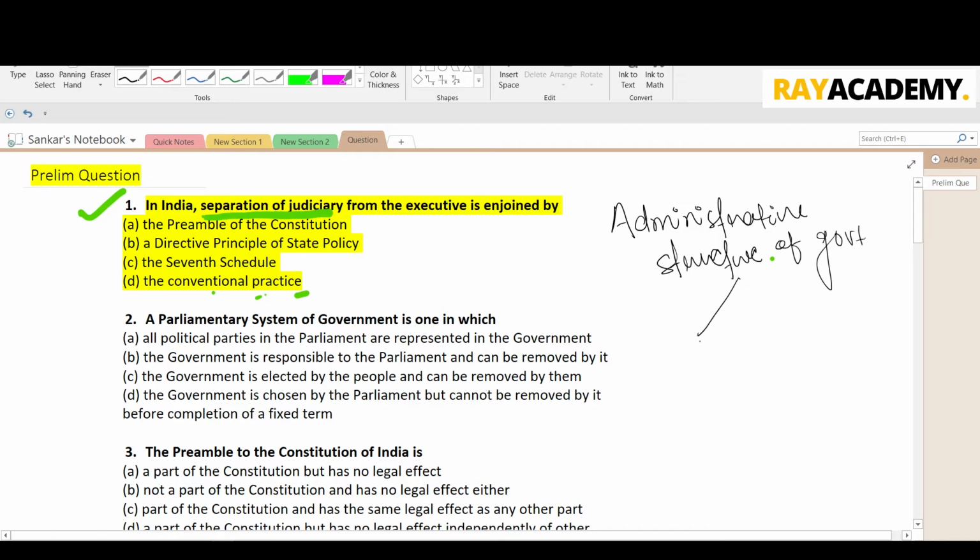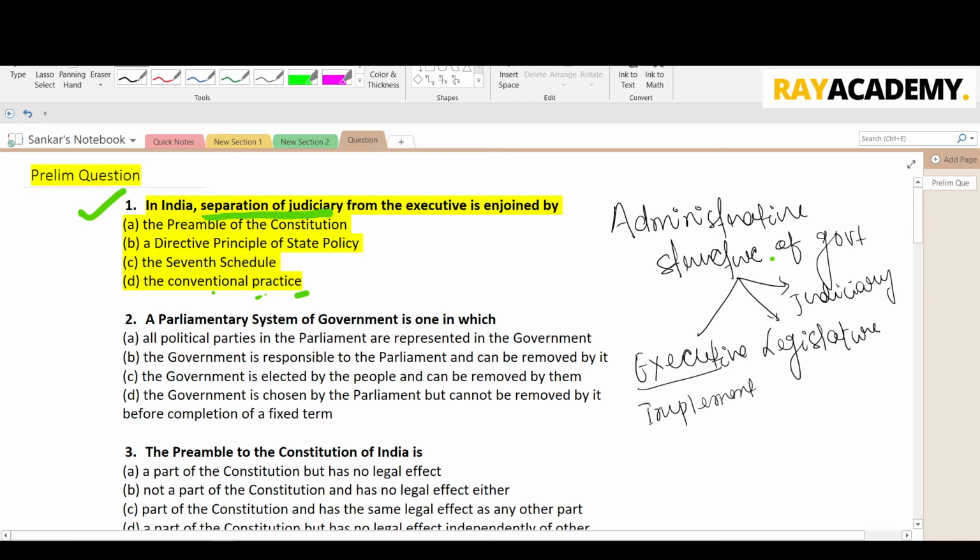We have three wings. One is executive, another one is legislature, another one is judiciary. Executive is responsible to implement the law.